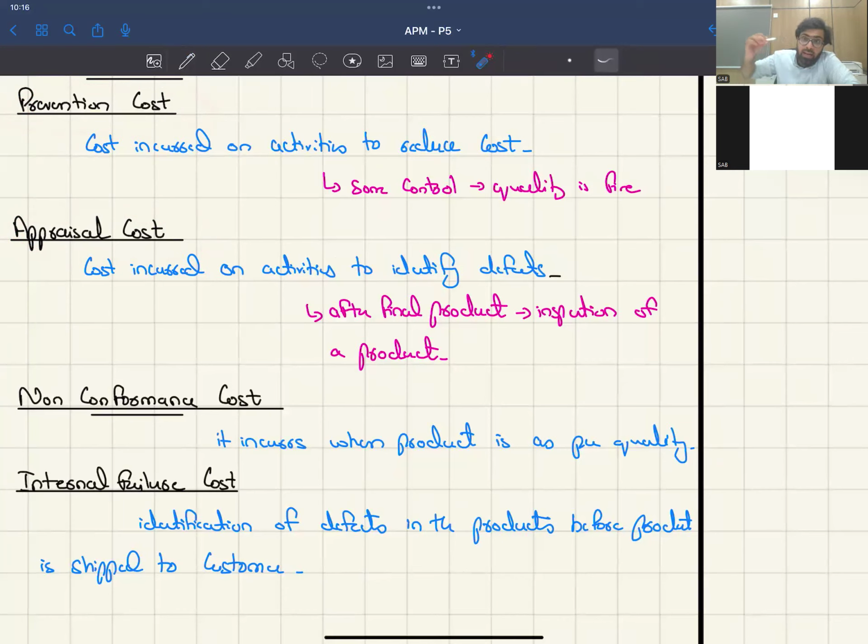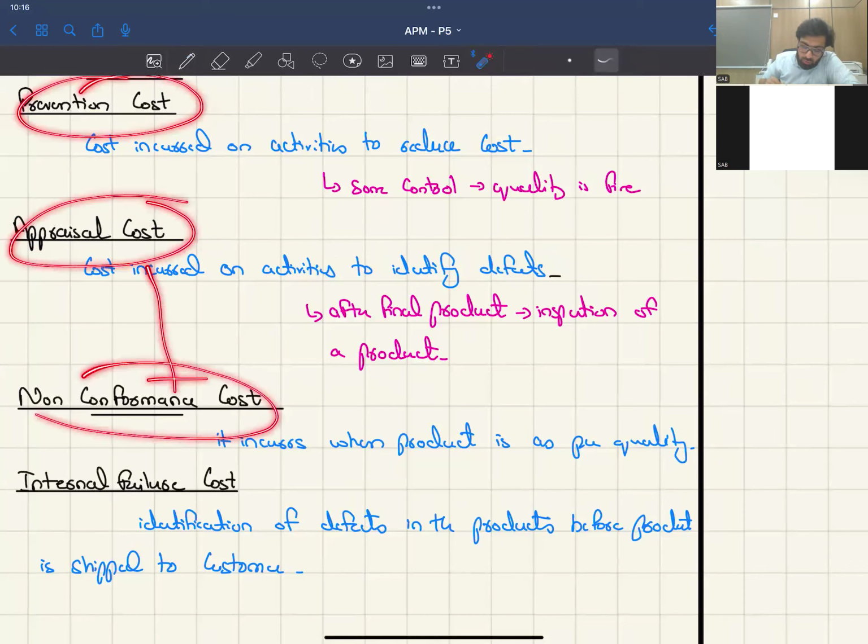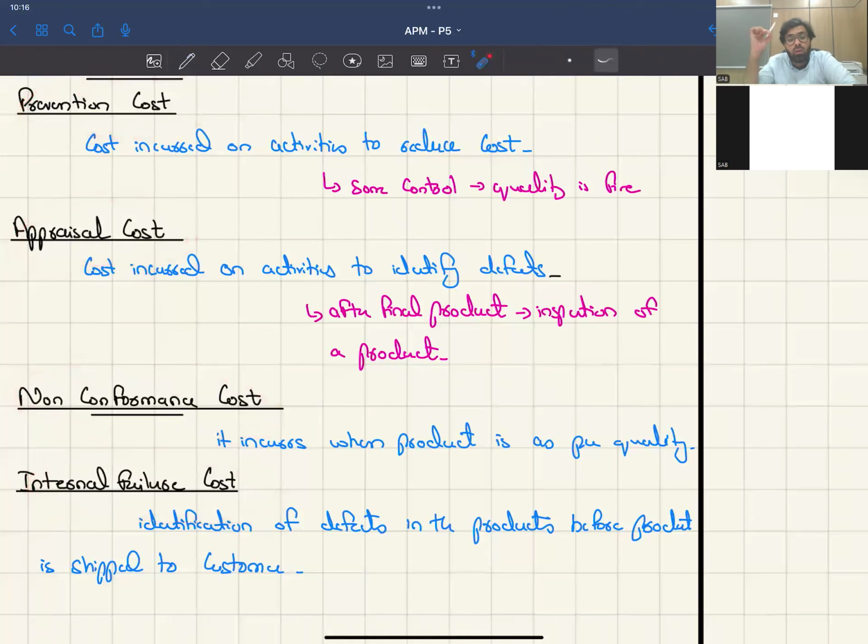You identified them only when the product was going to be shipped. Now that's a problem, and that's known as internal failure cost, right?